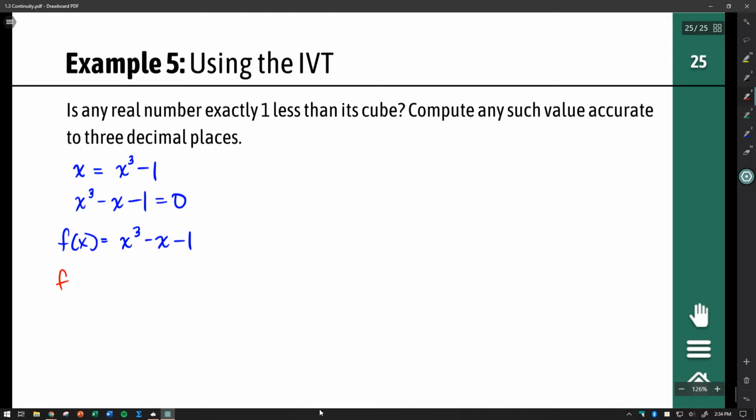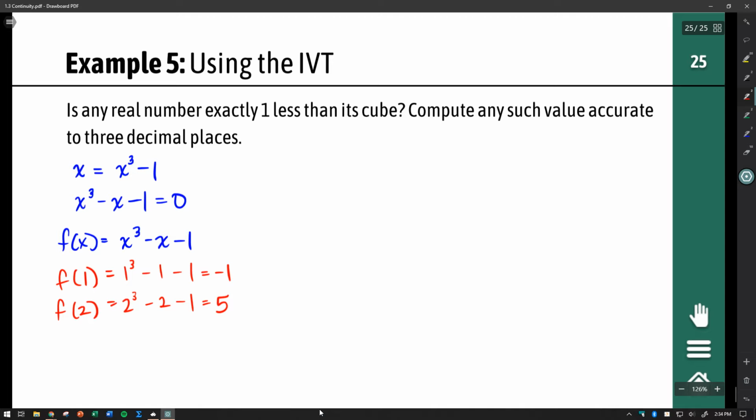So what happens if we plug in, say, 1? We get 1 cubed minus 1 minus 1, so 1 minus 1 is 0, minus 1, that's negative 1. What happens if we plug in a 2? We would get 2 cubed minus 2 minus 1. So f of 2 is 8 minus 2, 6, 6 minus 1, 5.